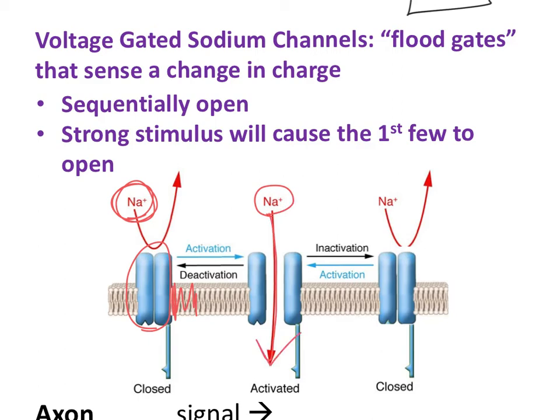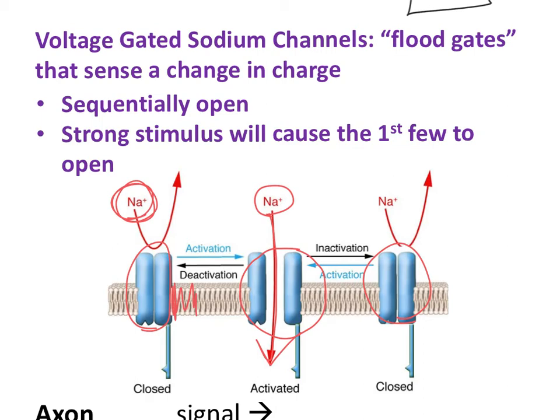It's a little bit, again, like a domino effect. Once one sodium channel opens, it causes a shape change in the neighboring sodium channel because, as we recall, channels are made of proteins. Proteins fold very specifically where positives and negatives pair together.